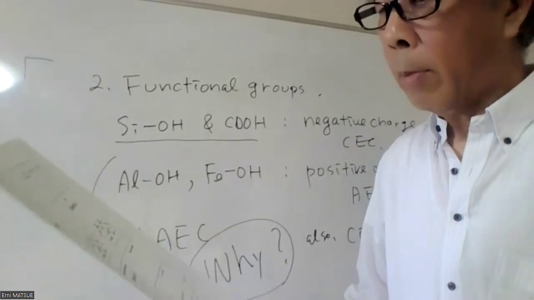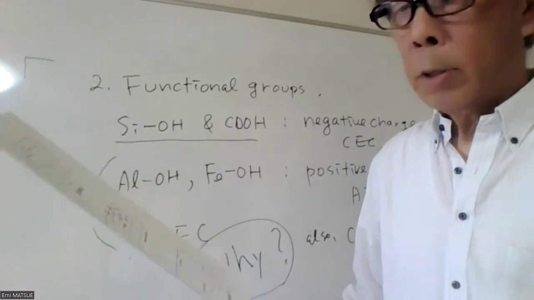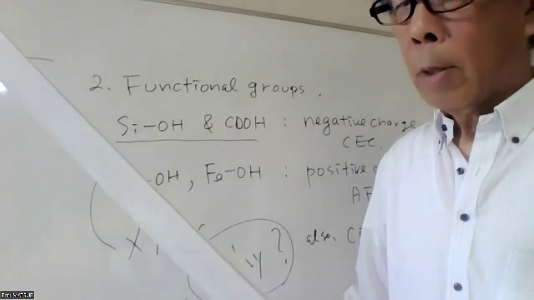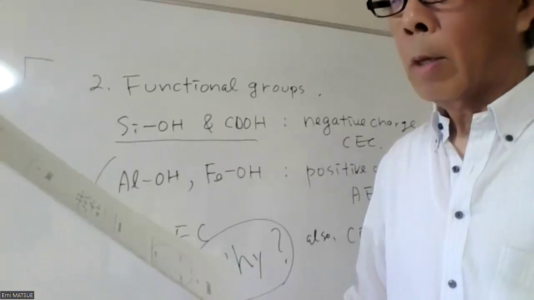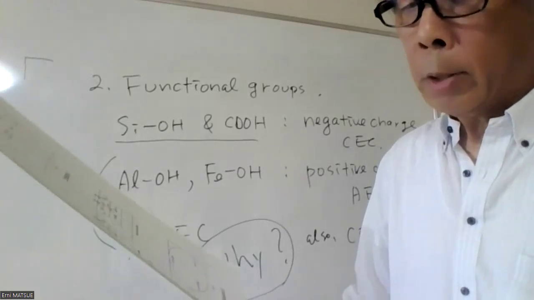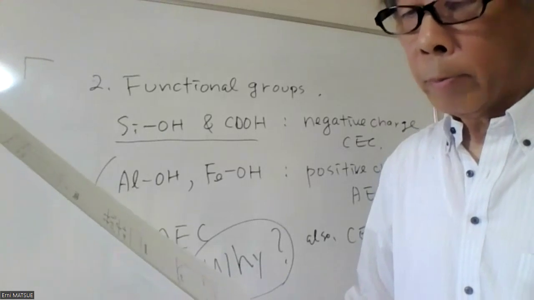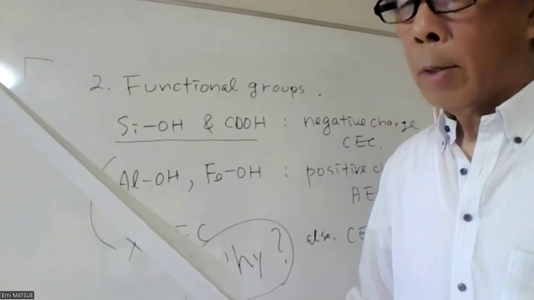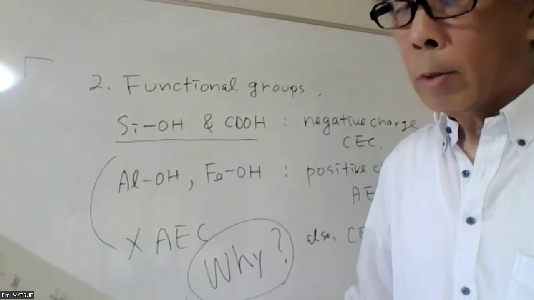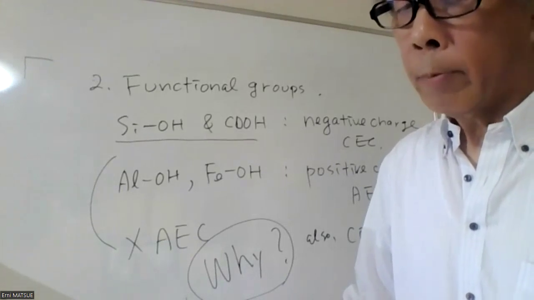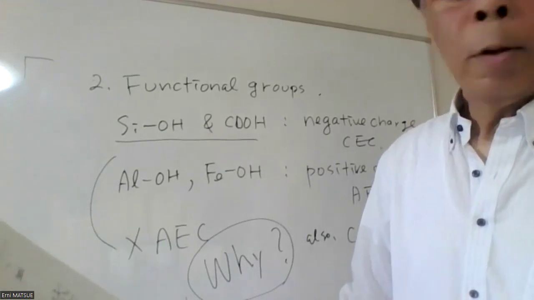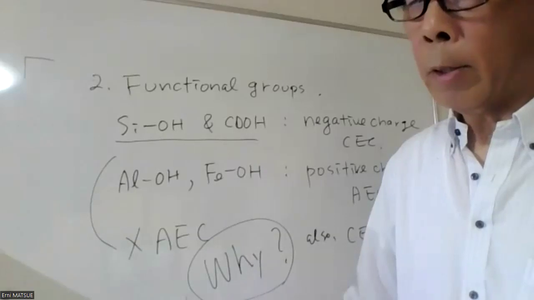Then in our environment, SiOH cannot become SiOH2 plus, an AEC site. In contrast, SiO minus is generated at about pH 4 and increases with increasing pH. This means in our environmental pH, SiOH dissociates to SiO minus and can absorb cations.